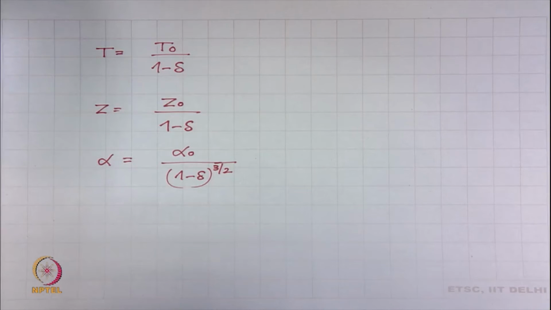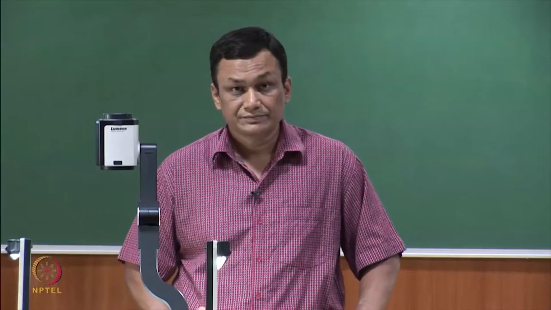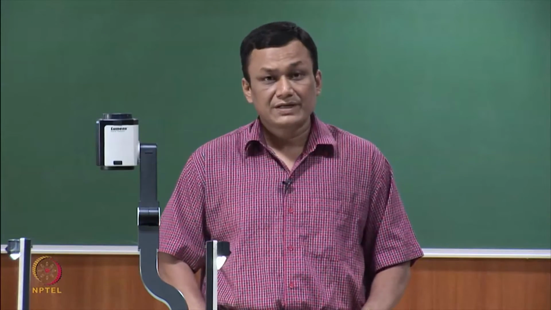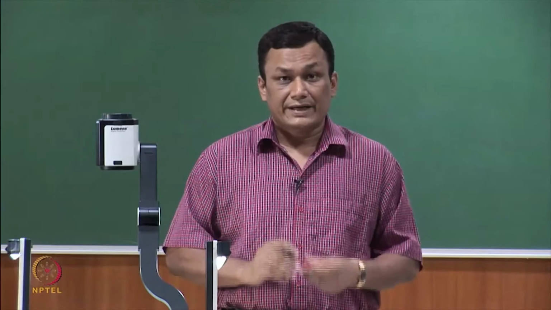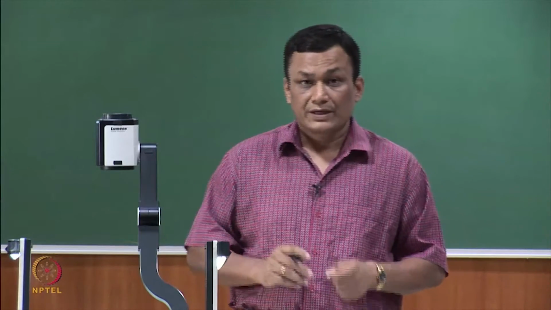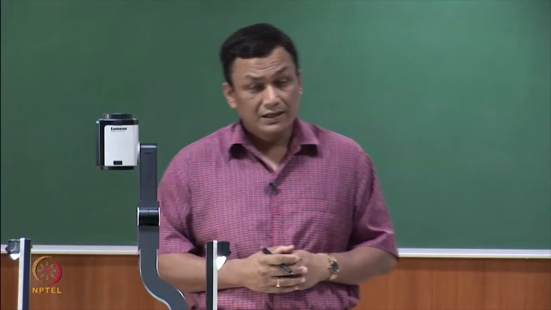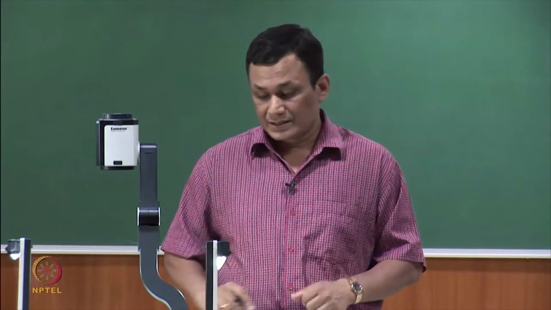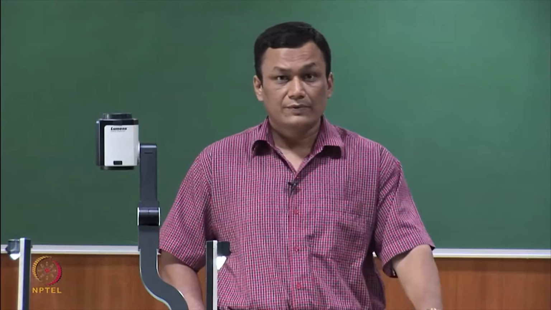So, these three relations we have derived, and we will use them in this module subsequently. So, we have established all characteristics in a non twisted bundle as well as in a twisted bundle. So, now what we will do?